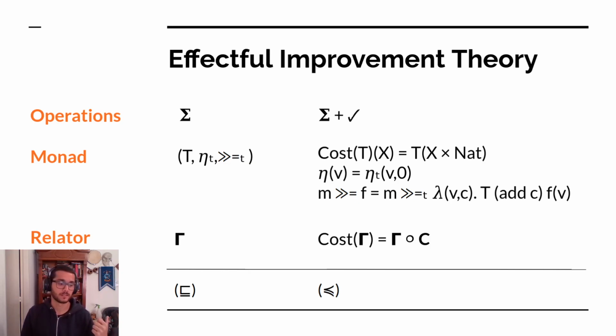And since relators are closed under composition, we get a new relator that compares both effects: the accumulated cost and the effects produced by the operations and interpreted by the monad. So we can finally obtain a notion of effectful improvement. In the Haskell community, this monad transformation is known as the writer monad transformer of T with the additive monoid of natural numbers.